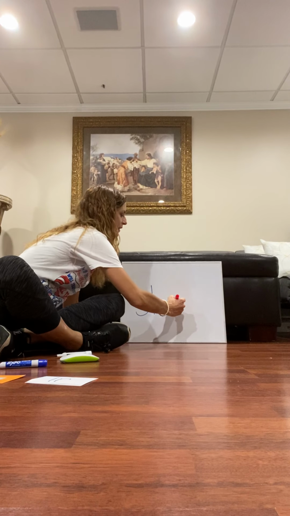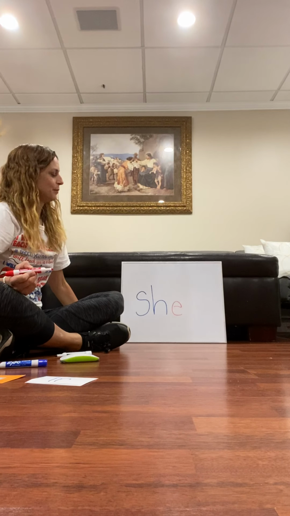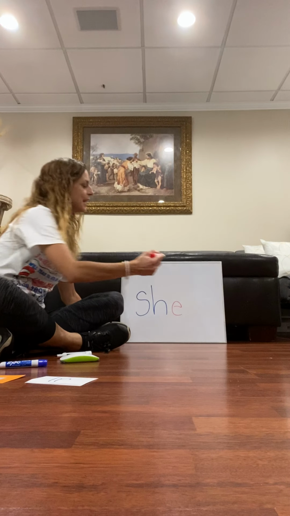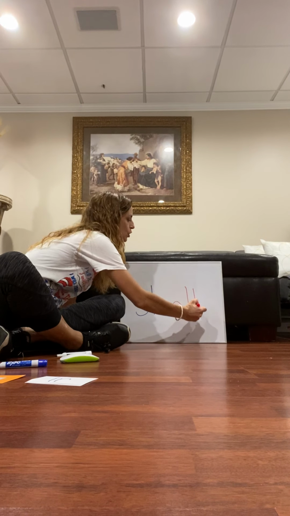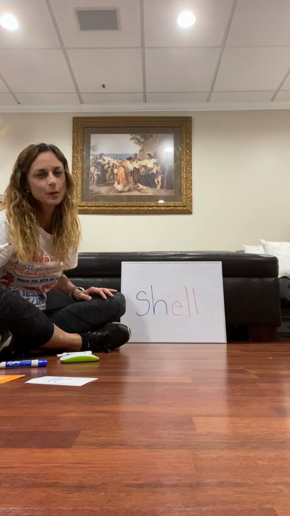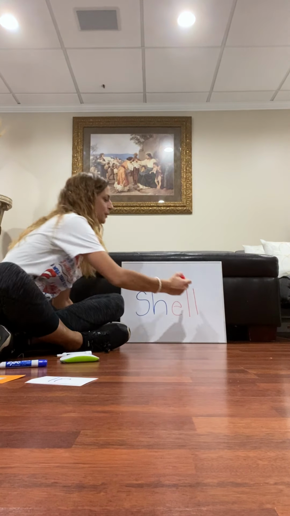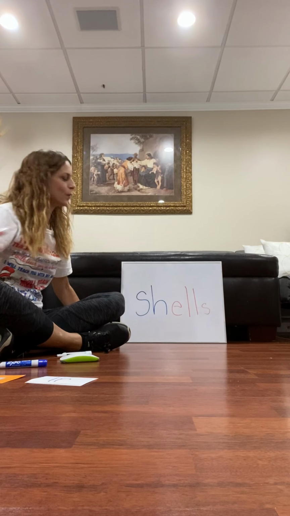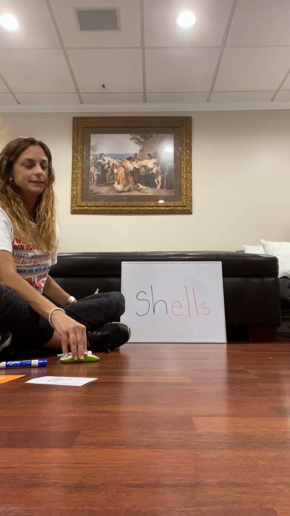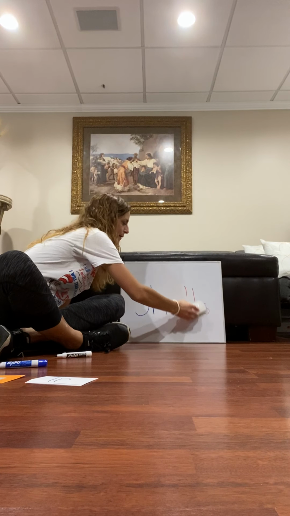You're right. E. But wait a minute. It's not she. It's sh. L. La la la la la. Sh has 2 L's. Okay? But I'm sure you don't pick up 1 L. If you pick up more than one, you got to put the what? The S at the end. More than one. Shells. Because it's plural, right?